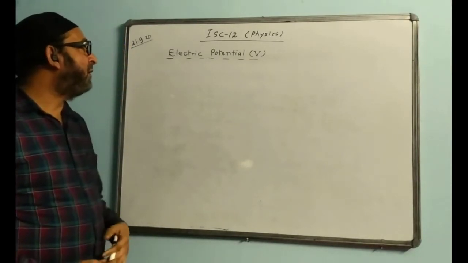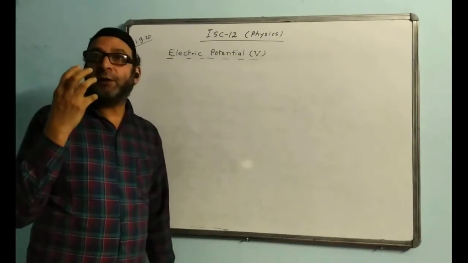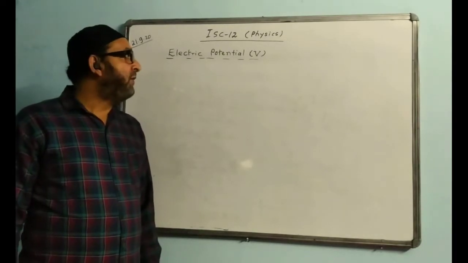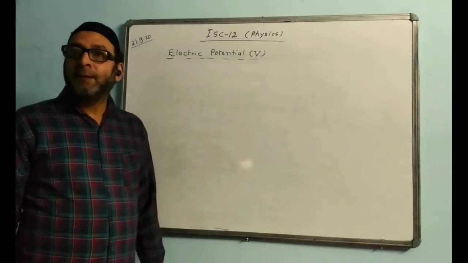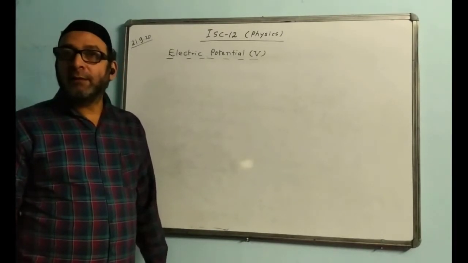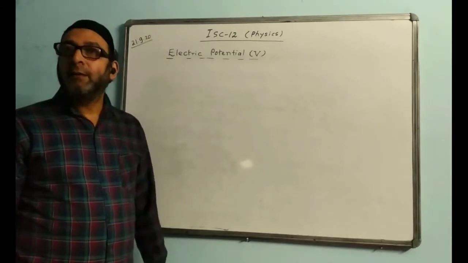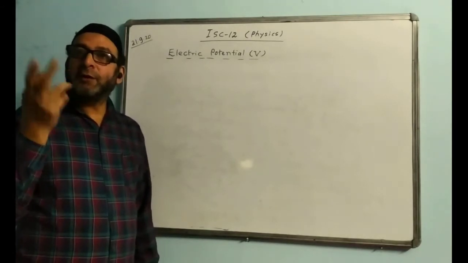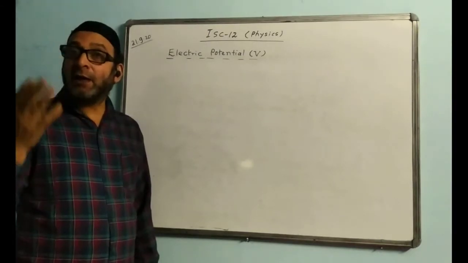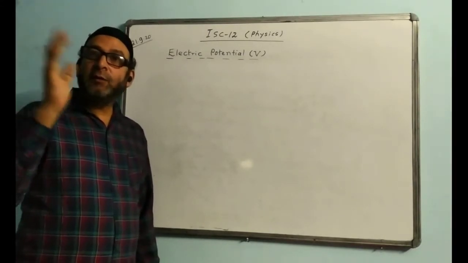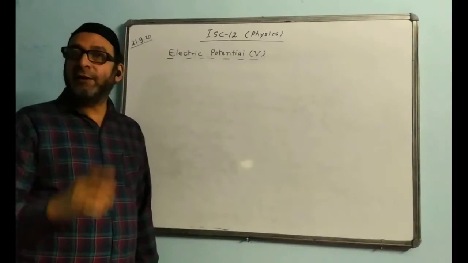Now we first find the definition of electric potential. What is electric potential? We say it is the amount of work done to bring a unit positive charge, or a test charge, from infinity to a given point in the electric field region.